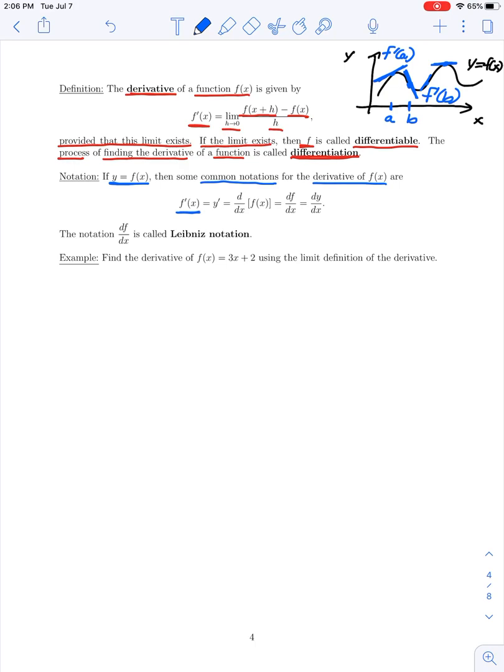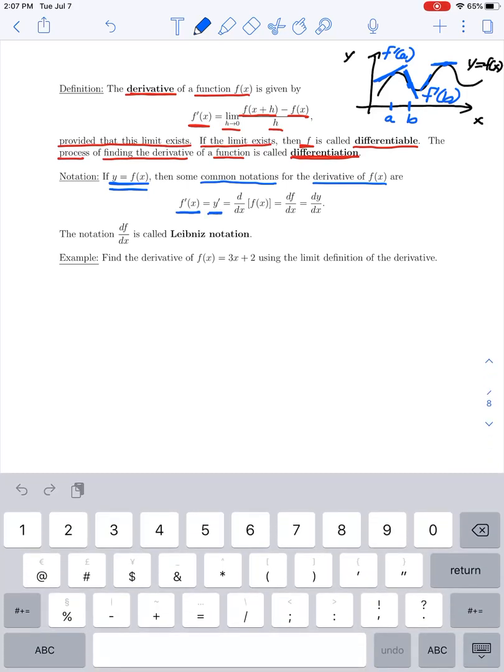We use f prime for the derivative of a function. If we're considering points of the form y equals f of x, then we could also denote this derivative as y prime instead of f prime of x. We could just say y prime for the derivative.